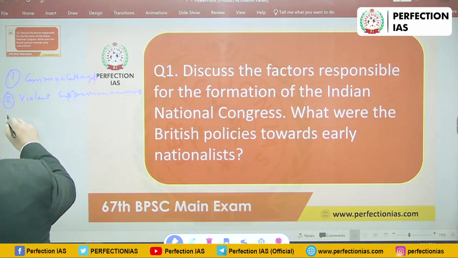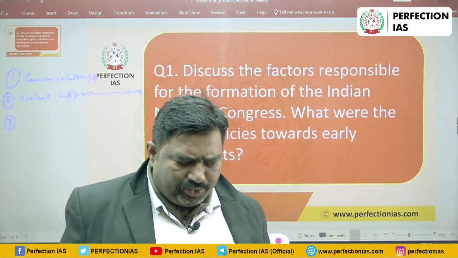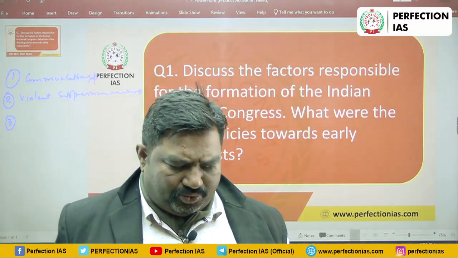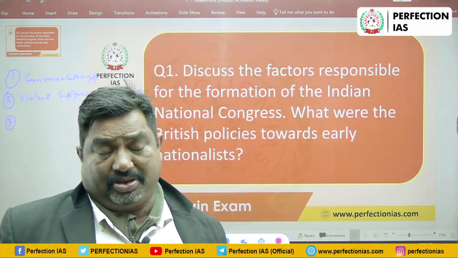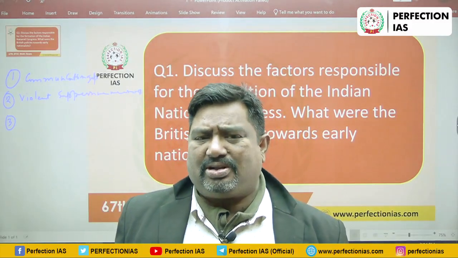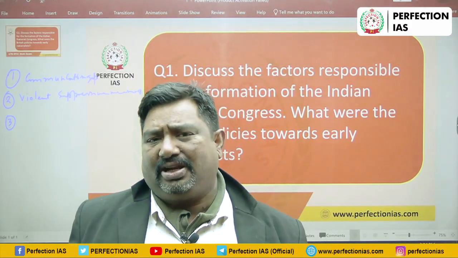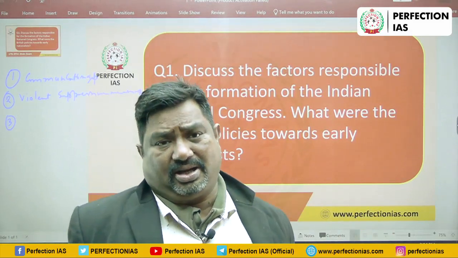Thirdly, when the revolt of 1857 was suppressed, it was assumed that once and for all there would be no violent revolt, there would be nothing like that, but still there were many revolts in the undercurrents.